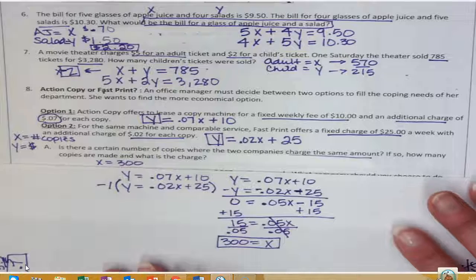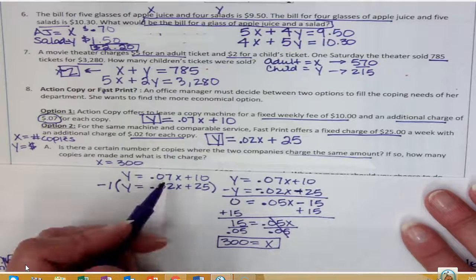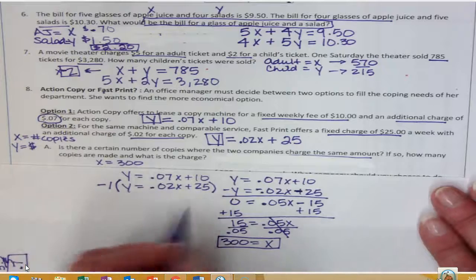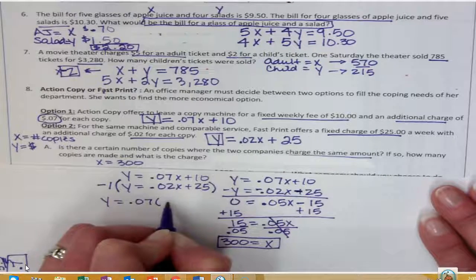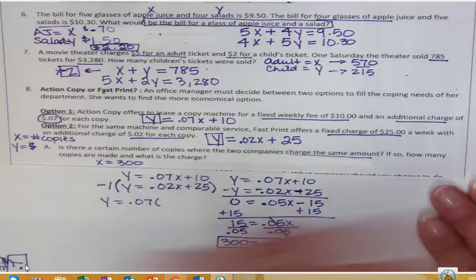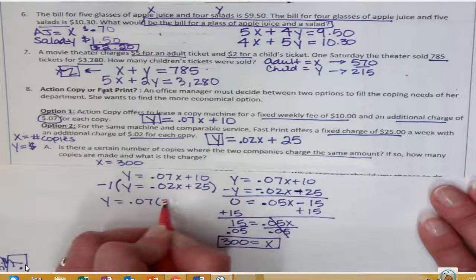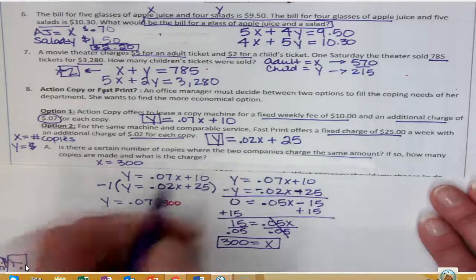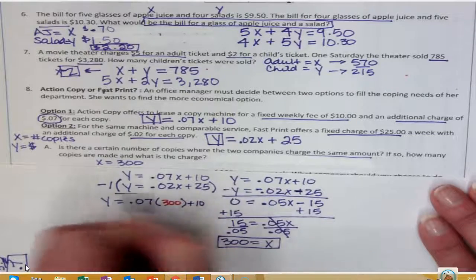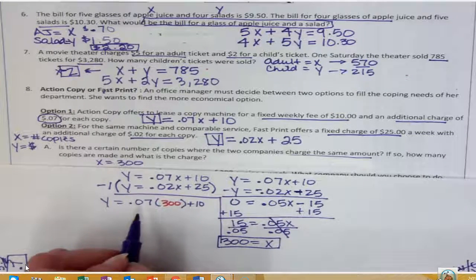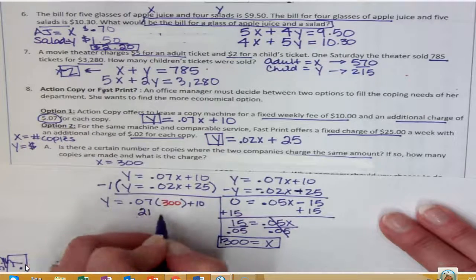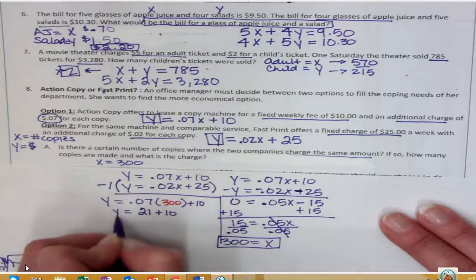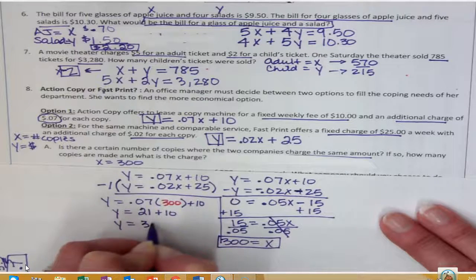Now in order to solve for y, I can just plug x into any one of these and I will get my y. So I'm going to take y equals 0.07 times x, which is 300, plus 10. 0.07 times 300 is 21, plus 10 is going to give me my y equals 31.